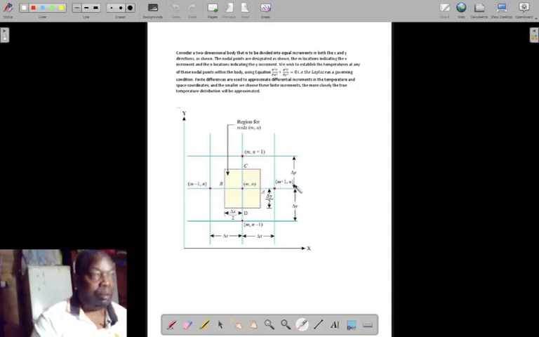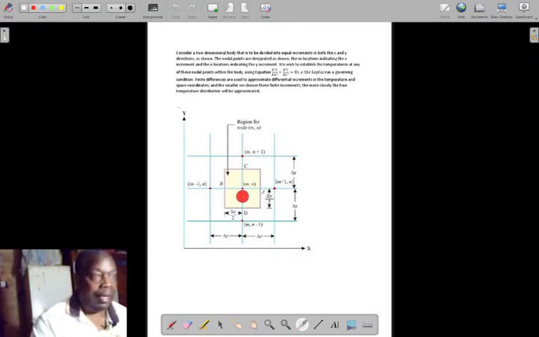So m plus 1 comma n is the position of that node. For this node here, we are moving up in the y direction and not in the x direction.